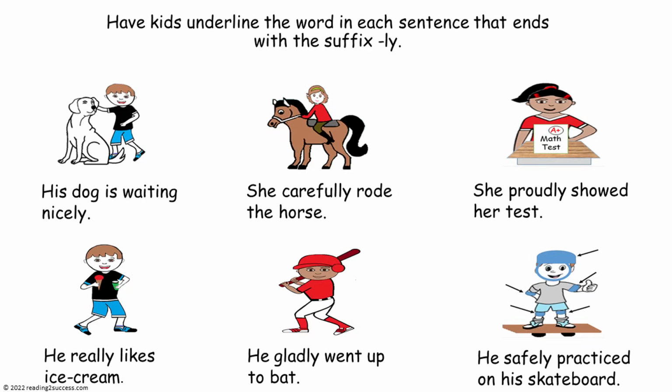Now have kids underline the word in each sentence that ends with the suffix ly. Going across, our sentences are: his dog is waiting nicely. She carefully rode the horse. She proudly showed her test. He really likes ice cream.